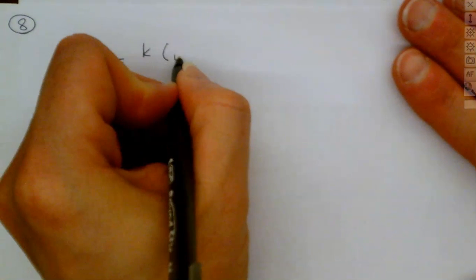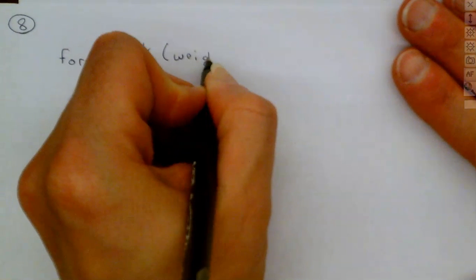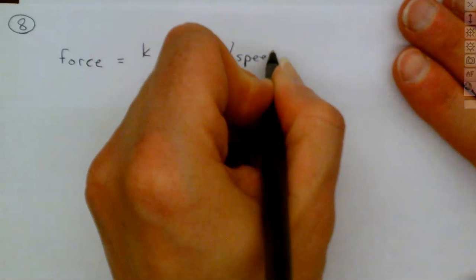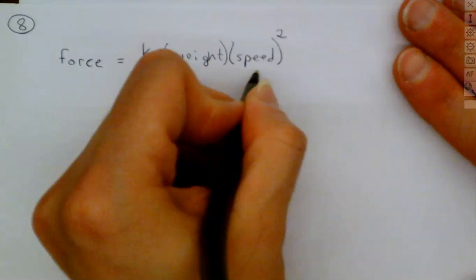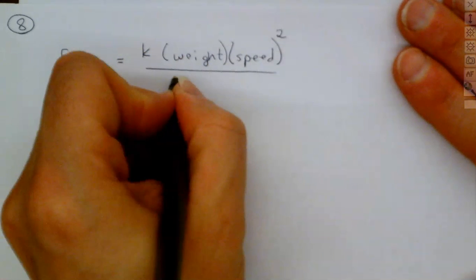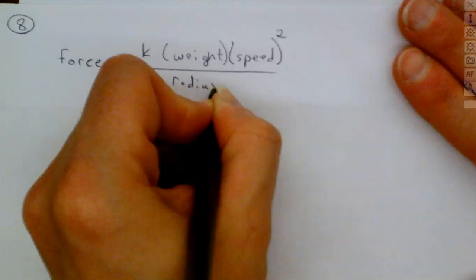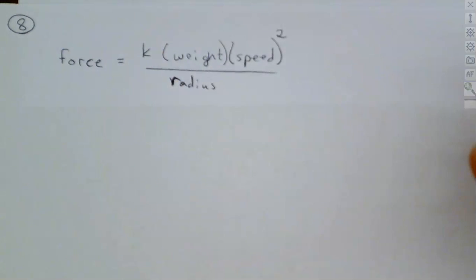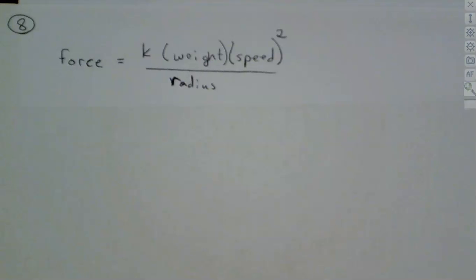So we've got a K, and we're going to multiply that by the weight of the car and the speed. But the speed is squared, and then we're going to divide that by the radius of the curve because it's inverse.